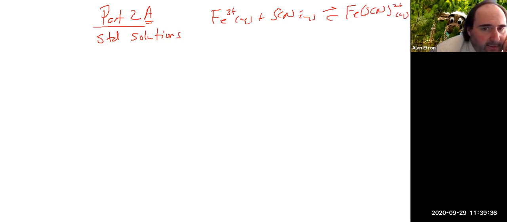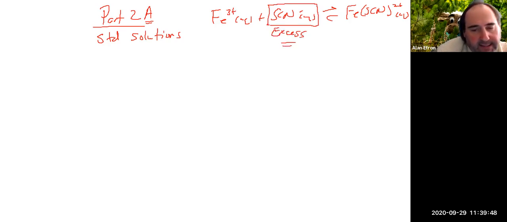And this is going to be done in such a way that in part A the thiocyanate is really the excess reagent. We're going to use a lot of thiocyanate in there, such an excess of it that it's essentially going to force the equilibrium to go to the right.